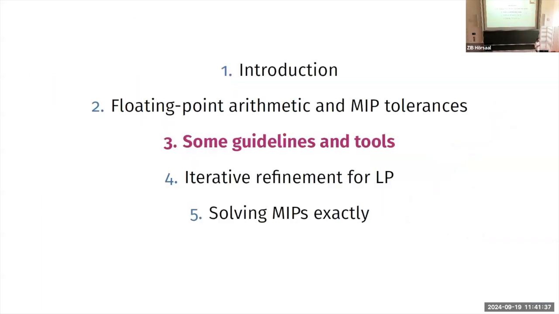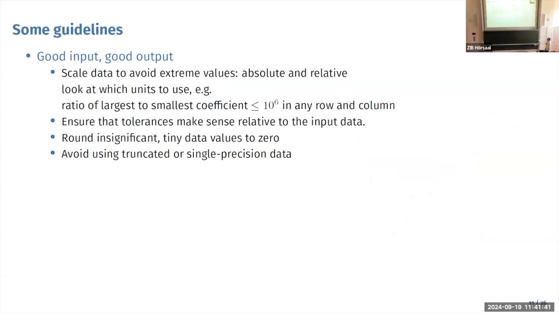Now, what do you do about them? So here is a very dense list of things to consider. And this is maybe also just a slide that one can look through again afterwards, like a checklist. So obviously, it's good to scale your data to avoid extreme values. Extreme values means both in absolute and relative terms.